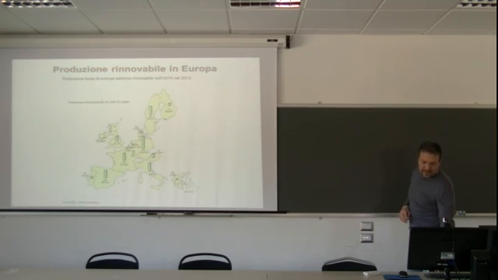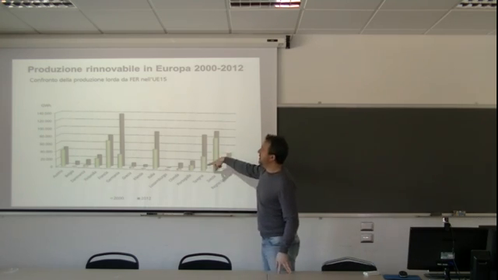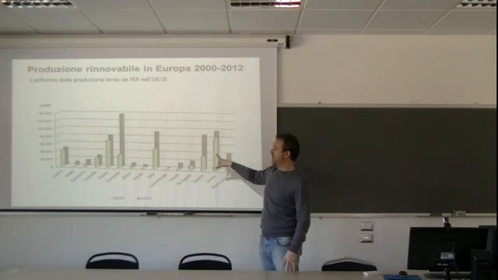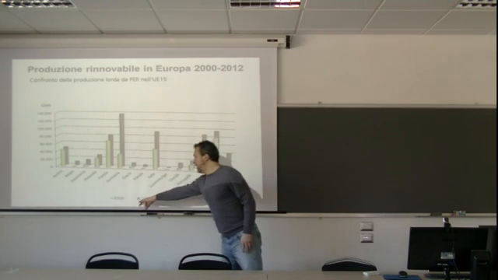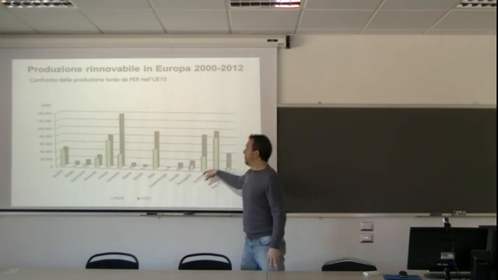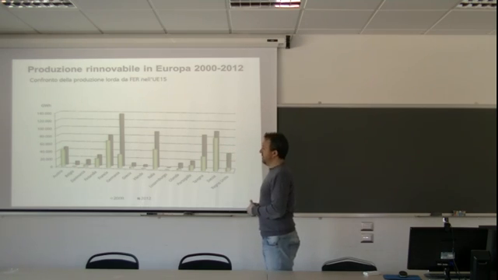Biofuels, okay. These are some pictures showing electricity from renewable energy. This picture is important because it shows, in each European country, the comparison between 2000 and 2012 for renewable energy. And we can see that a lot of countries increased their renewable energy production.